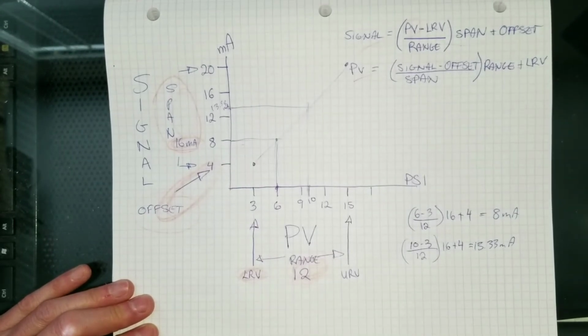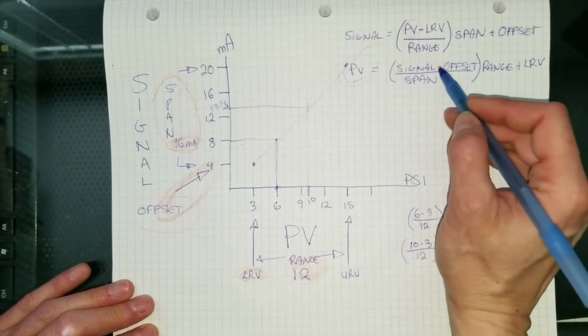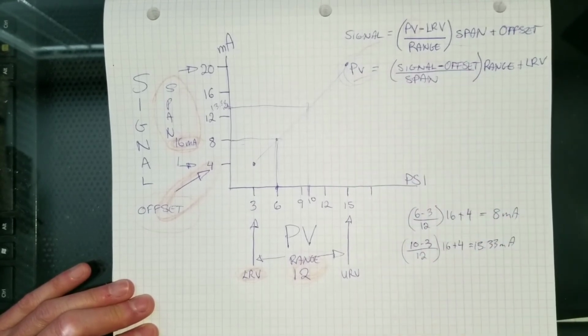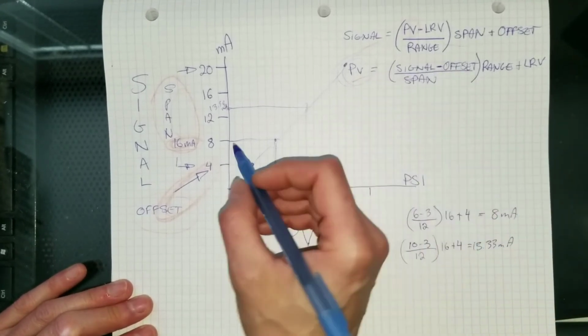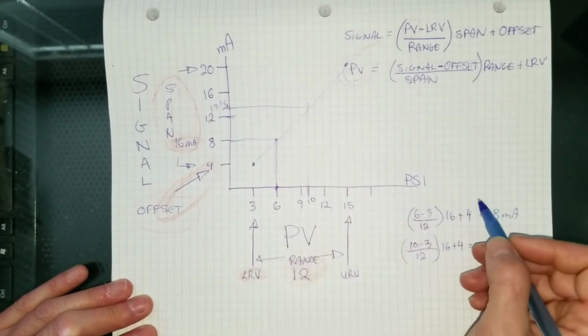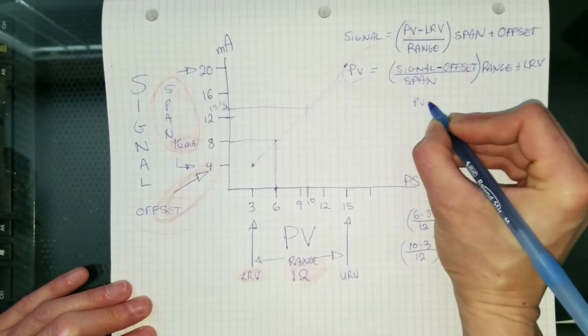Okay, so let's just go the other way now using the other formula. If we're looking for a process variable, but we have a signal. So let's just say our signal is 12. If we're here, let's do the math back this way. So if our signal is 12, what's our PV?